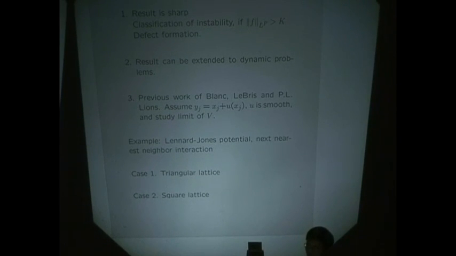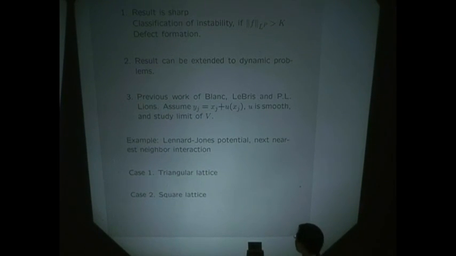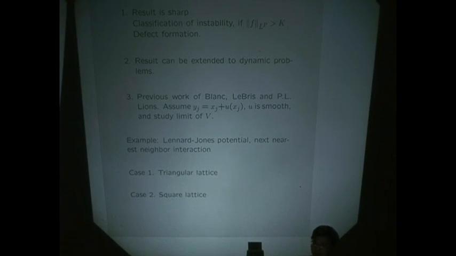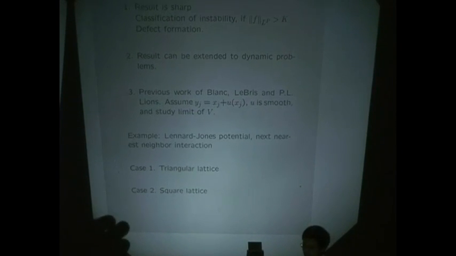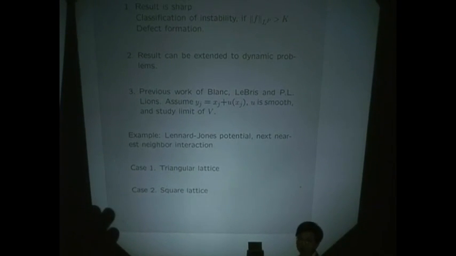Thirdly, let me remark, there's a paper by Pierre-Louis Lions and his collaborators where they also studied this problem. What they did is assume that the atomistic position is given by a smooth function, then plug it into the atomistic model and look at the limit, and the leading order recovers the Cauchy-Born. I wanted to remark on the difference between what we studied and what they studied.